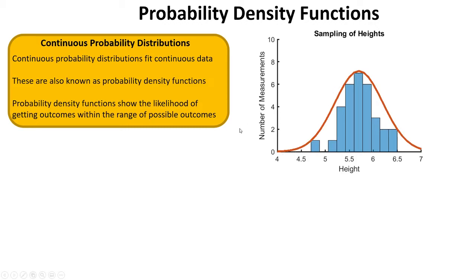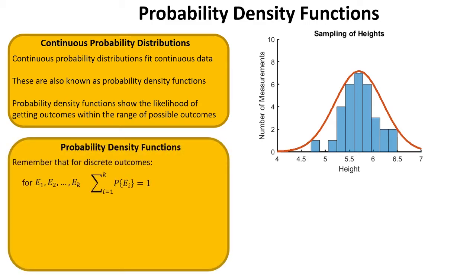It has some rules, and those rules mimic what we were discussing for the discrete probability density function for binomials. Remember that for discrete outcomes, if you added up all of the potential expected outcomes, it would equal 1. For probability density functions, the area under the curve ends up being 1.